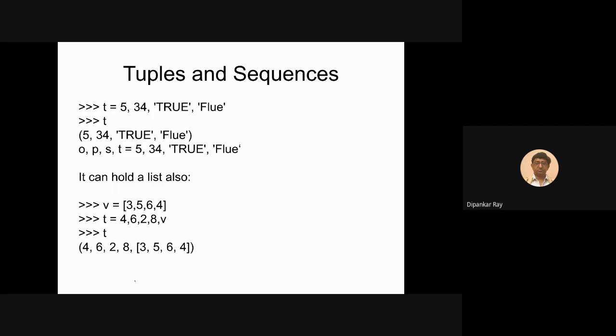Now see, the tuple. This is a unique thing that I have not mentioned to you. In Python, I can write a, b is equal to 5, 6. So it will assign a is 5 and b is equal to 6.